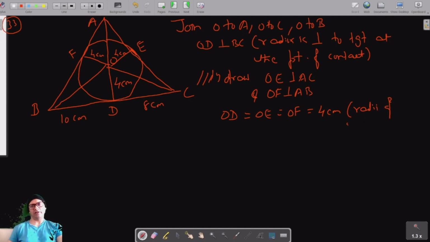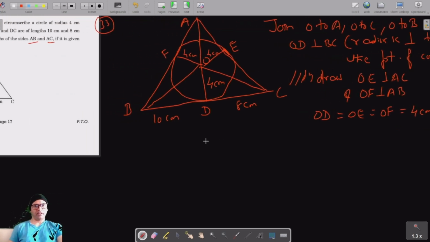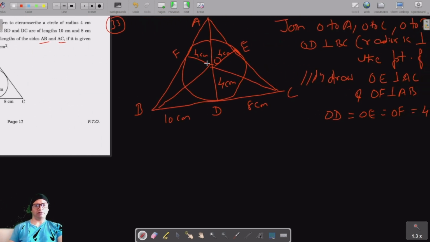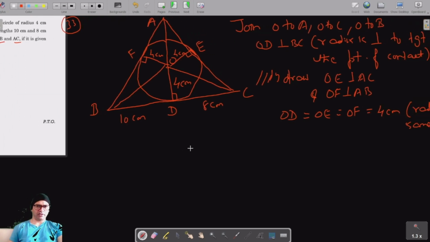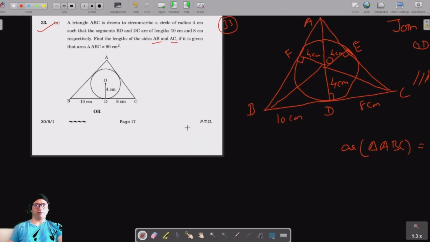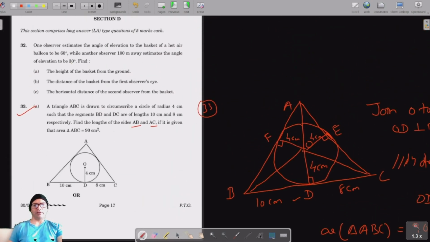These are the radii of the same circle. Now it's given that the area of the triangle is 90 centimeters square, so we are going to use that. And before that, if BD is equal to 10, then BF is equal to 10, and this is also 8.